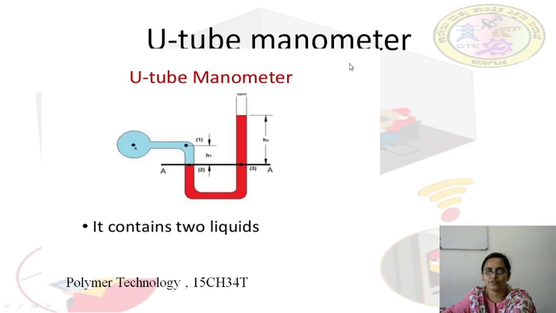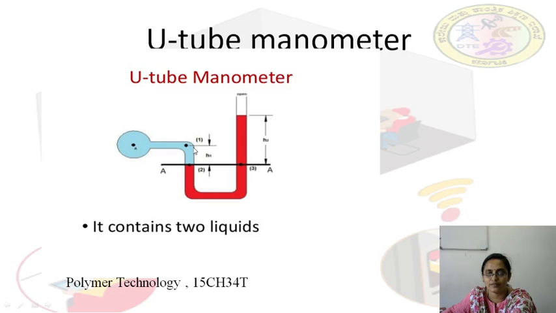Now this is a simple diagram of a U-tube manometer. You can see in this diagram one blue part and one red part. The blue part is the liquid whose pressure is to be measured, and red is the manometric fluid.